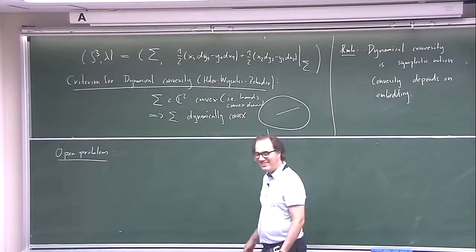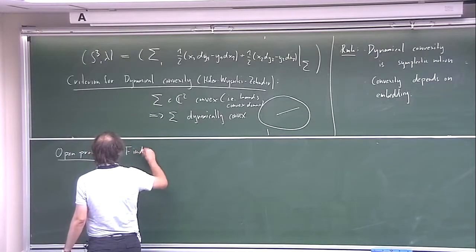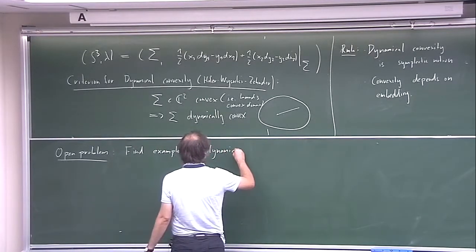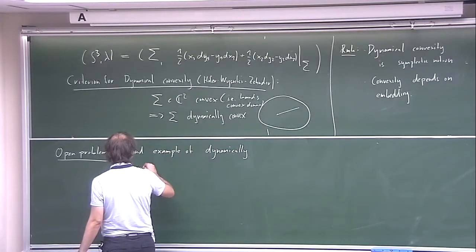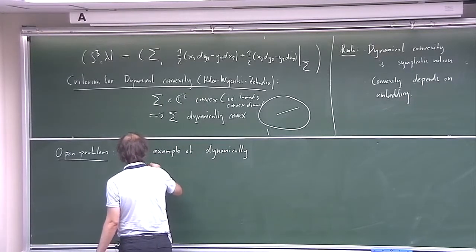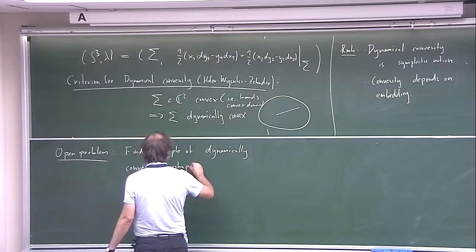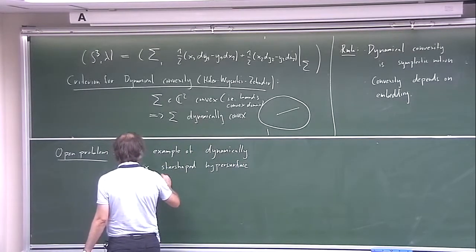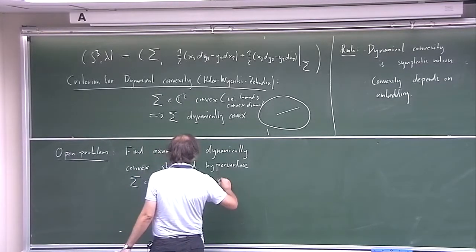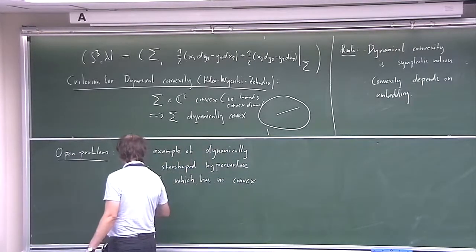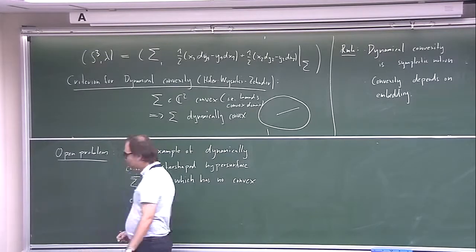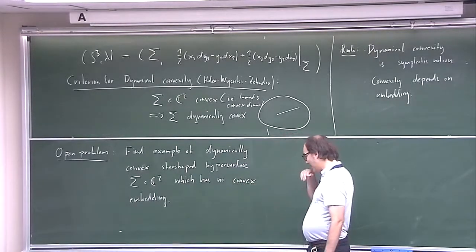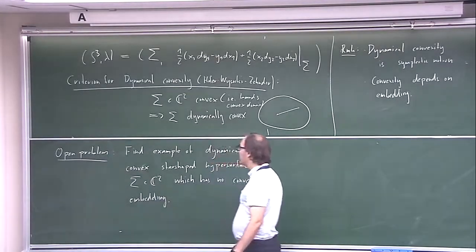So, find an example of a dynamically convex star-shaped hypersurface sigma in C2 which has no convex embedding, or prove that they are equivalent, that you can always find a convex embedding as soon as you are dynamically convex.